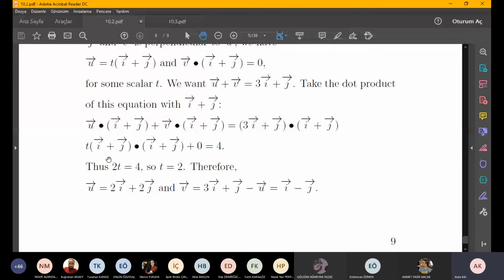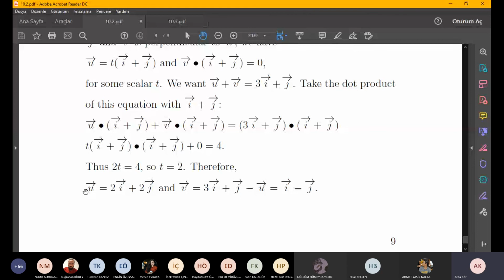So from the scalar product here you have 2t plus 0 is equal to 4, which gives the scalar t that you try to represent the vector u, which is parallel to i plus j. That means that scalar has to be 2.